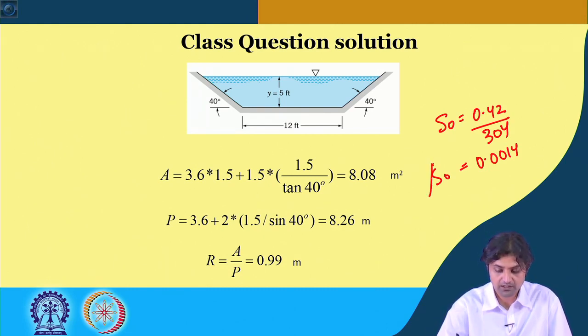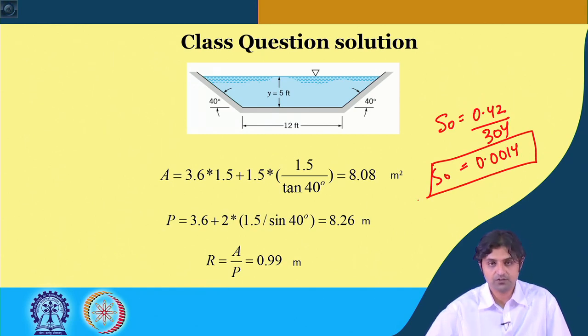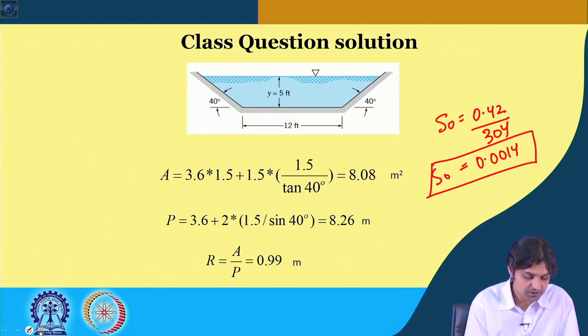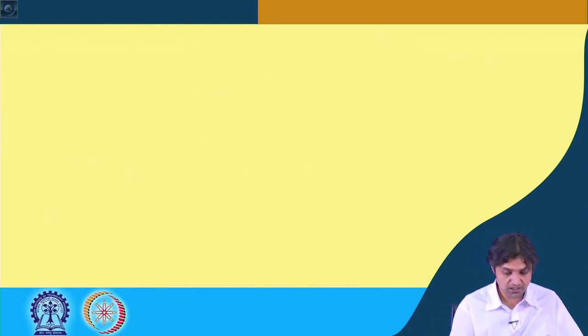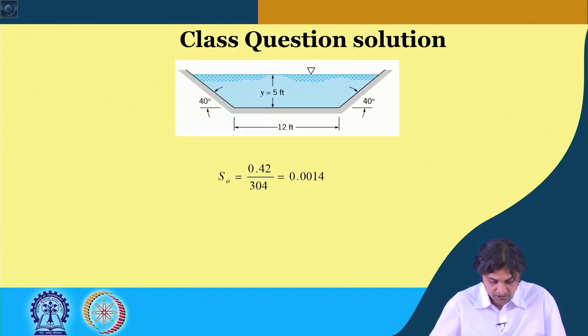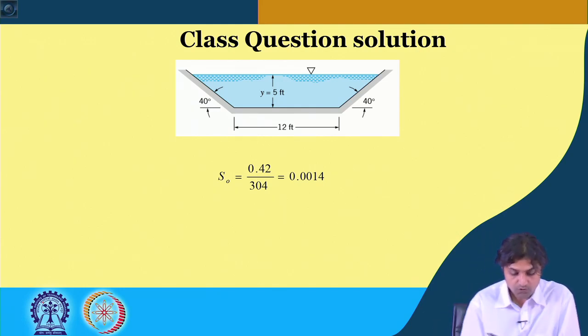So, here in the practical problem also we find S naught is very small, of the order of 0.0014 to be specific. So, S naught is 0.42 divided by 304. Now, how to find the Q?